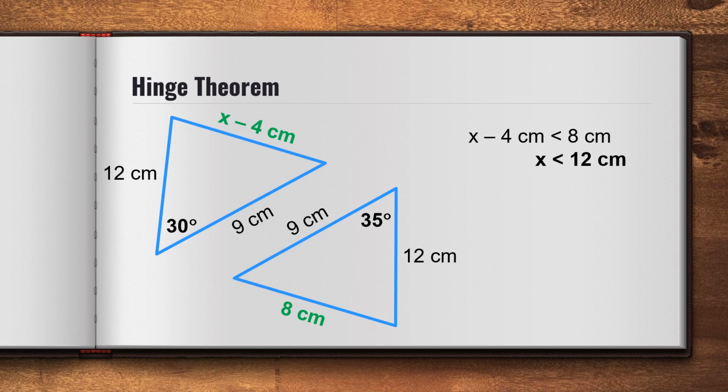If we compute, we move negative 4, that will be 8 plus 4. So x is less than 12 centimeters.